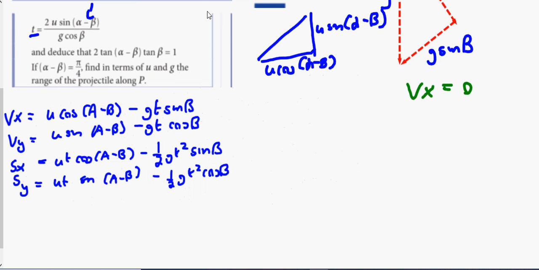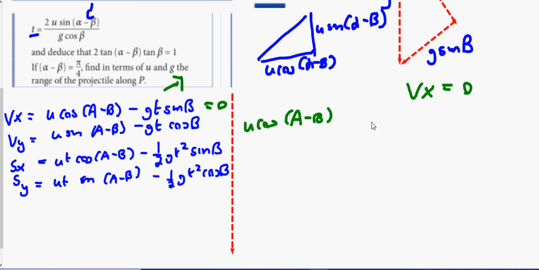Let's work on Vx equals 0. So that's going to be in green. It's going to be u cos(alpha minus beta). Then I'm just going to bring over the g t sine beta, so it equals g t sine beta.